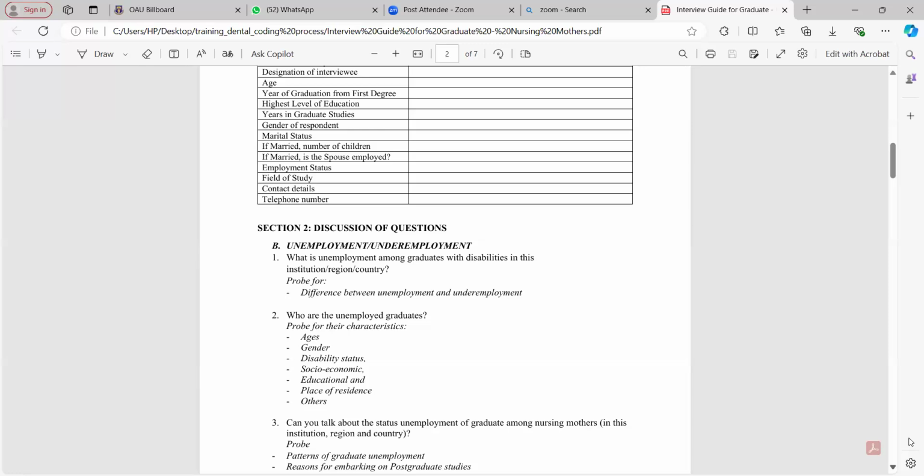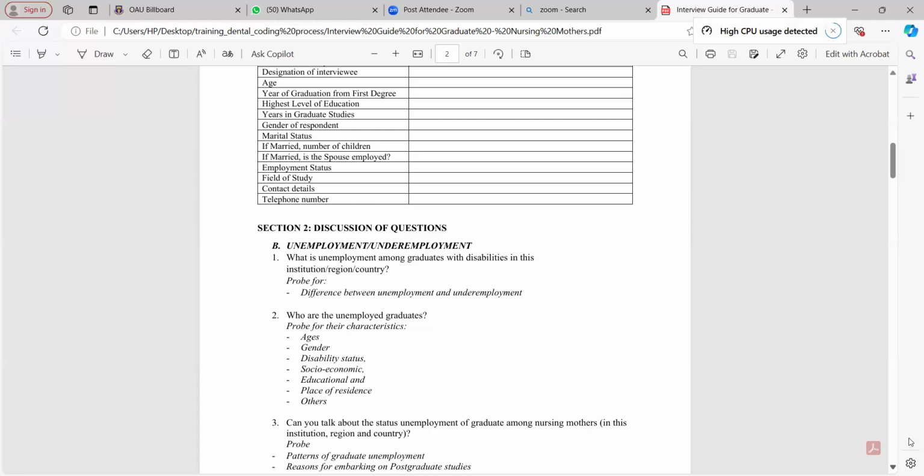We want to know if graduates know the differences. So if the response has not touched on that, you had to probe. So that is what probing is about. Probe for what you actually want, especially if your respondents have not said it.